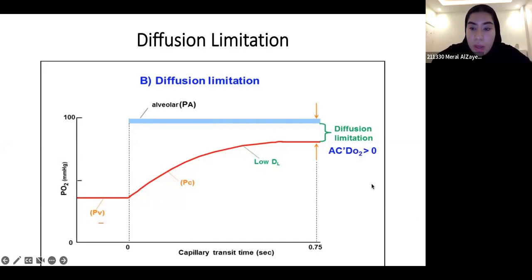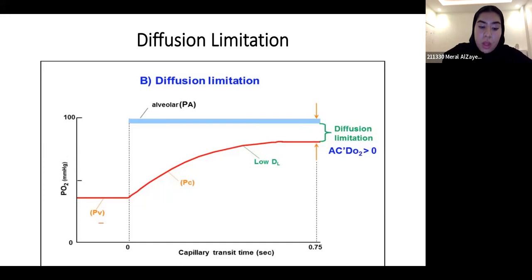So if you see here the ACDO2, what does this mean? You can see it here on the right side. This is the alveolar and capillary PO2 difference. Now, the arterial PO2 is supposed to reach the alveolar PO2, and it does, and when it does, they have the same value, as I just explained, for the normal process to occur.